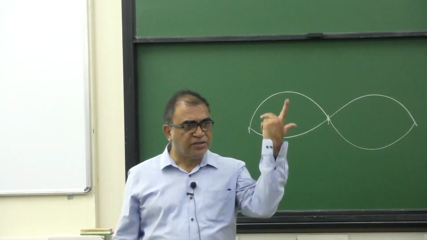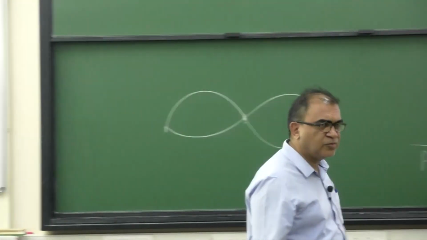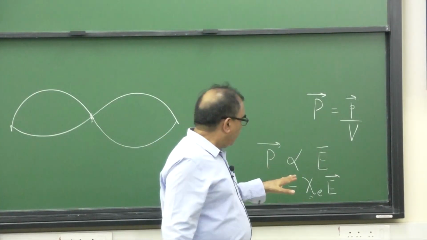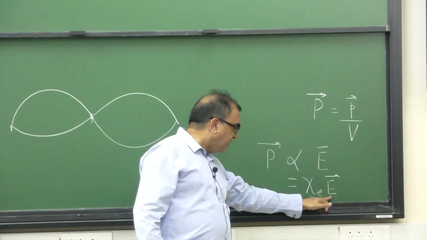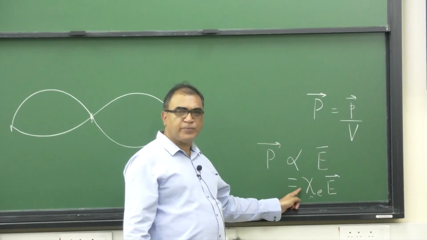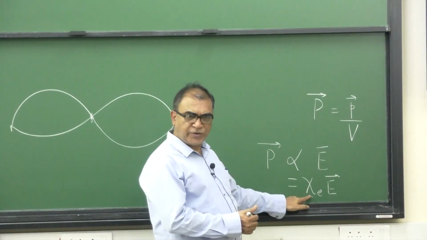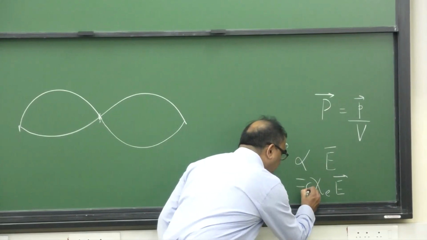Epsilon naught will have dimensions because it comes in 1 by 4 pi epsilon naught q1 q2 by r square, the force. Therefore, to balance the dimensions of this and this, you put one epsilon naught here.